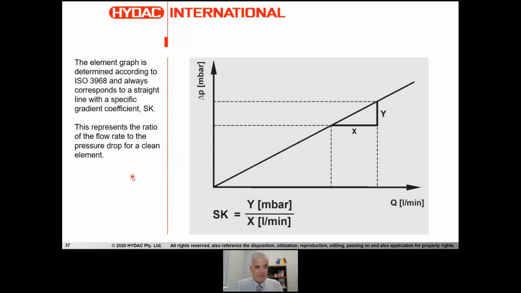So this represents the ratio of the flow rate to the pressure drop for a clean element. So it's pressure drop in millibar over flow in litres per minute. So it's millibar over litres per minute, and it's basically a rise over run, y over x. It's described as a gradient, and it is a coefficient. It is a number.